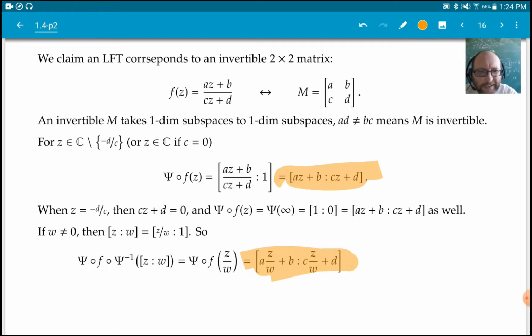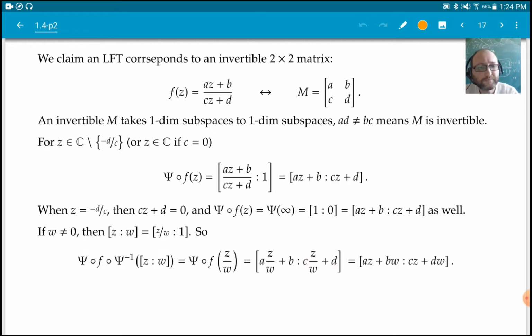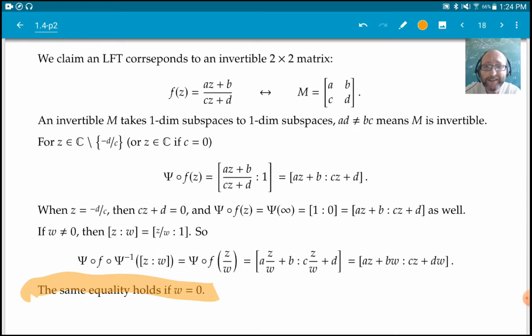Now, it's not quite the way I want to look at it, but what I could do is multiply it by W, because these guys are all equivalent up to any scalar multiple. So I get this. But that looks precisely like what would happen if I hit a vector ZW with M. Oh, by the way, before we do that, I forgot I was going to say this: the same thing holds if W is 0.